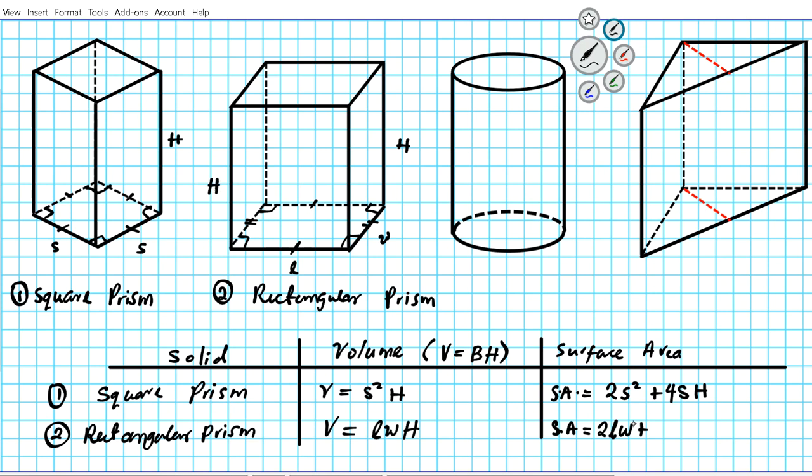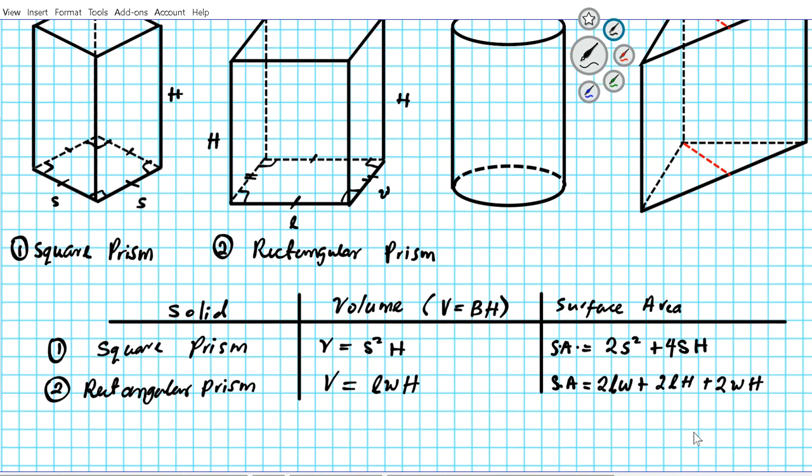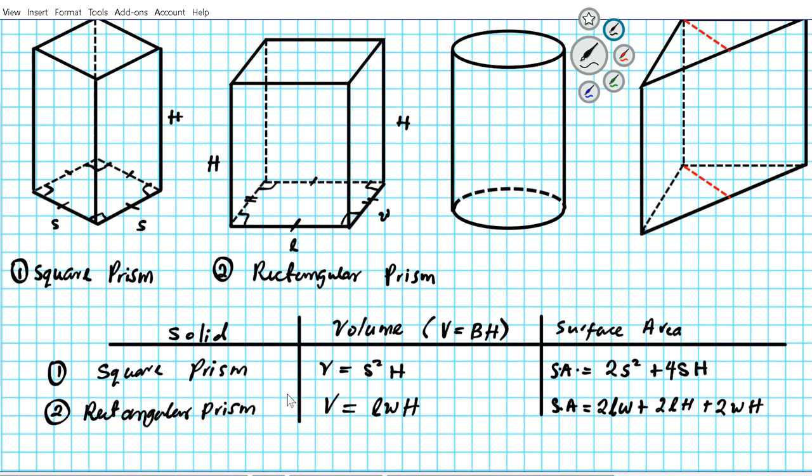So front and back is going to be 2 length times height, and then left and right is going to be 2 width times height. Okay, so there goes the surface area for the rectangular prism.